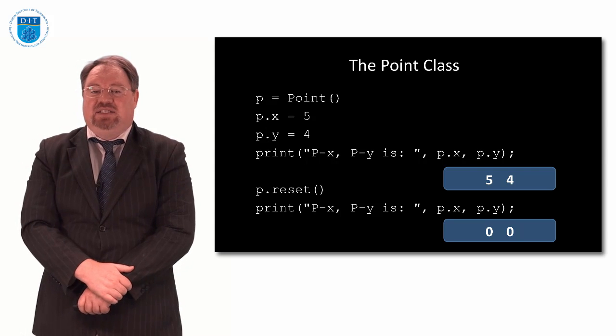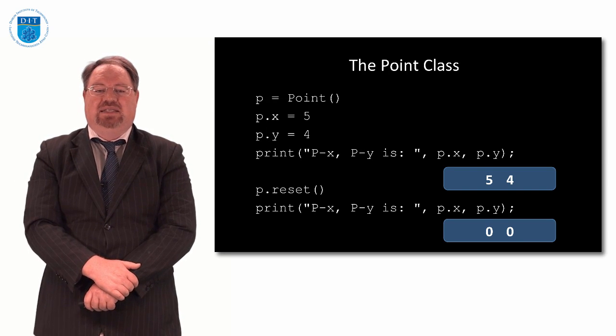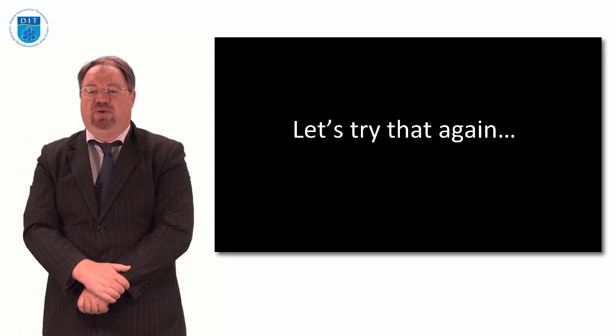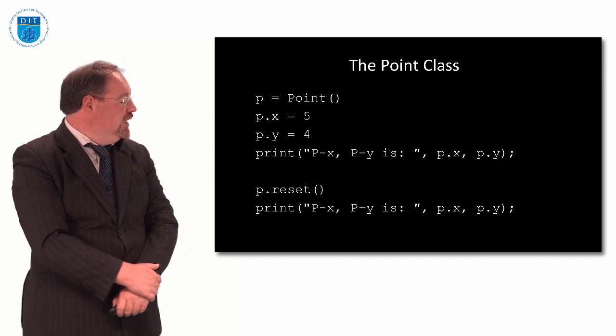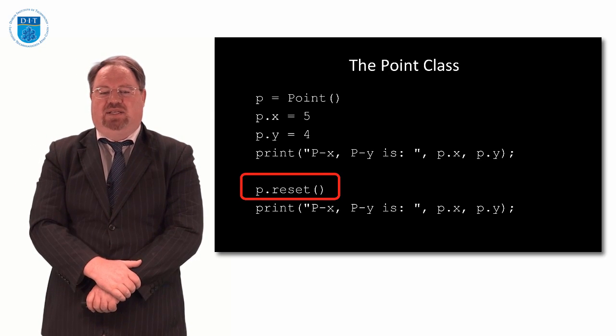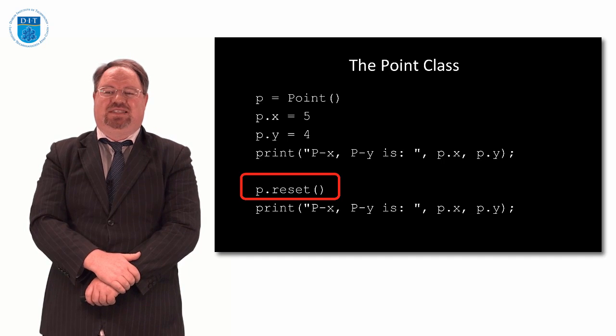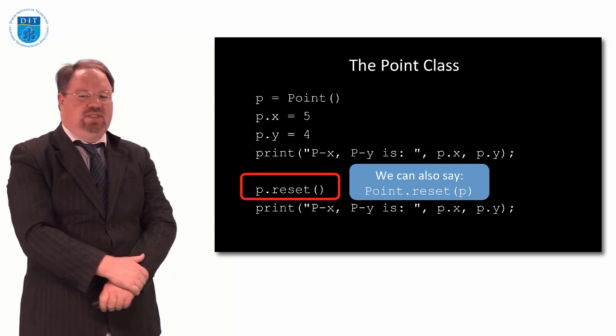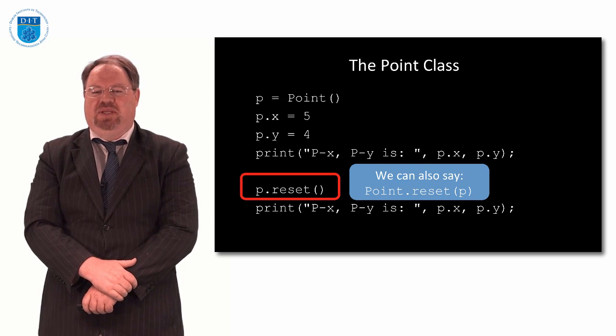So that's adding a method. You just put it in the class declaration. It's quite straightforward. We can also try an alternative approach. So if we look at that code again, instead of saying p.reset, which is cool and compact, we could alternatively say the following. We could say point.reset for the variable p.